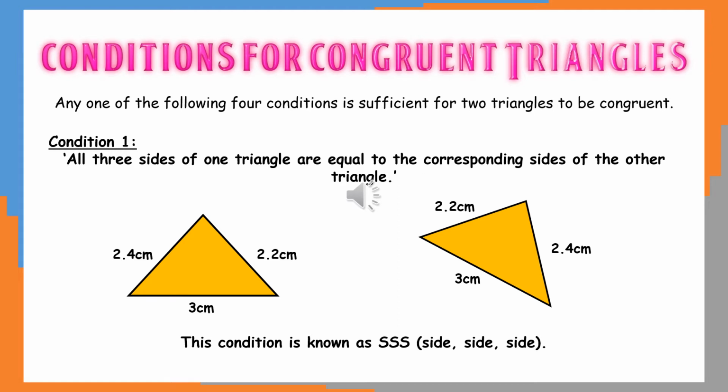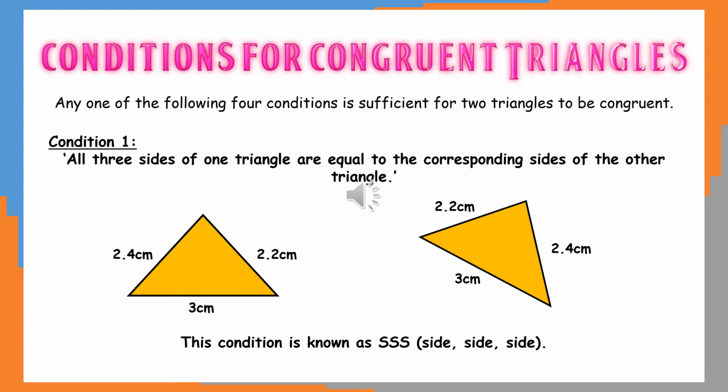Miss, I didn't understand. Can you explain more? Yes, I will explain. In these two triangles in front of you, in the first triangle, the three sides are equal to the corresponding sides in the other triangle, so the two triangles are congruent.